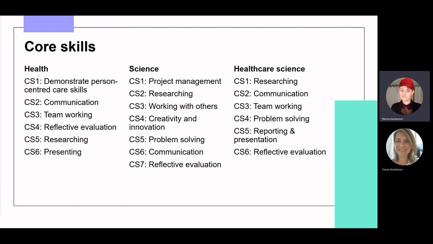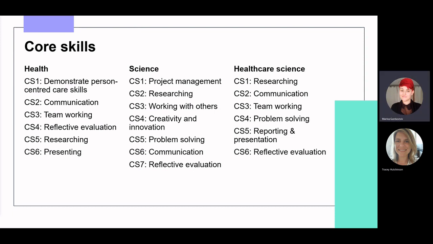So the core skills for each pathway are outlined in the specification. Each pathway has a unique set of core skills. We can see here the core skills for health, for science, and for healthcare science. So some of them have specific core skills. For example, health is the only pathway that has demonstrating person-centered care.